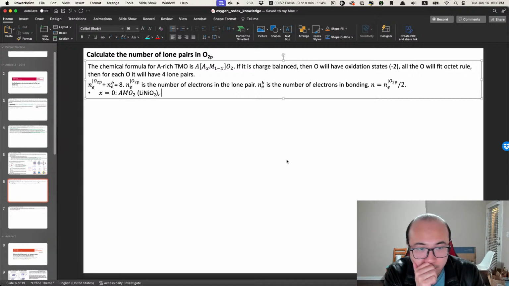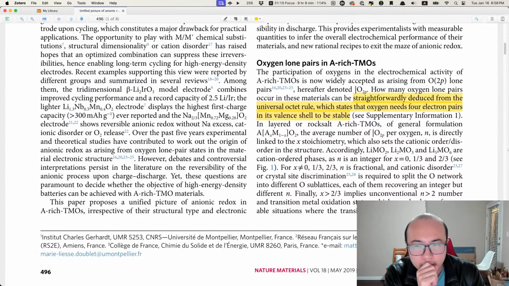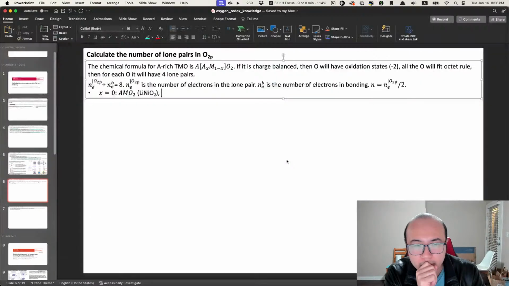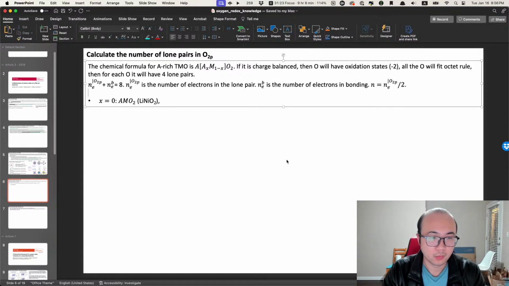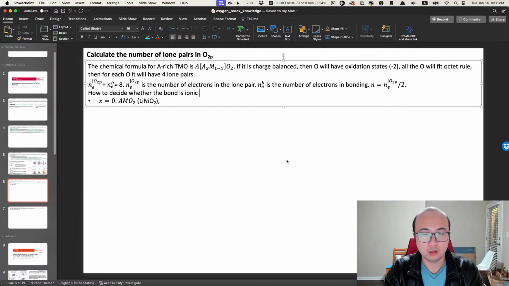The oxygen is -2, which means the number of lone pairs... But how do they determine whether the bond is ionic or covalent? How to decide whether the bond is ionic or covalent?